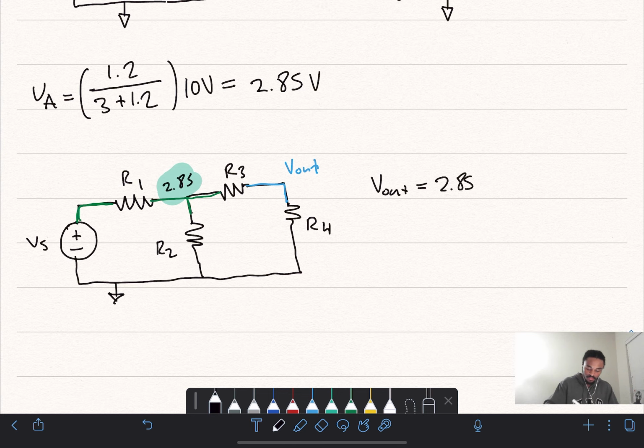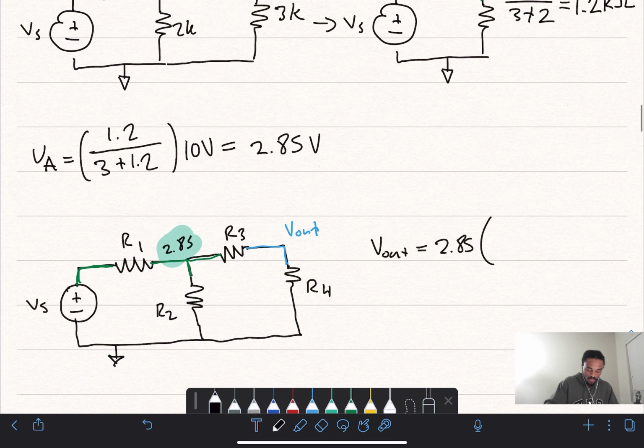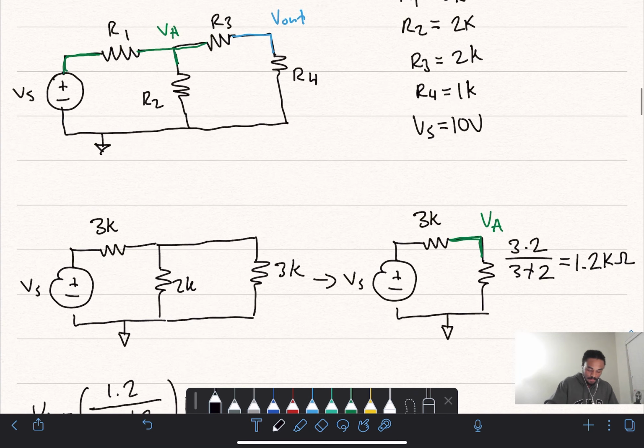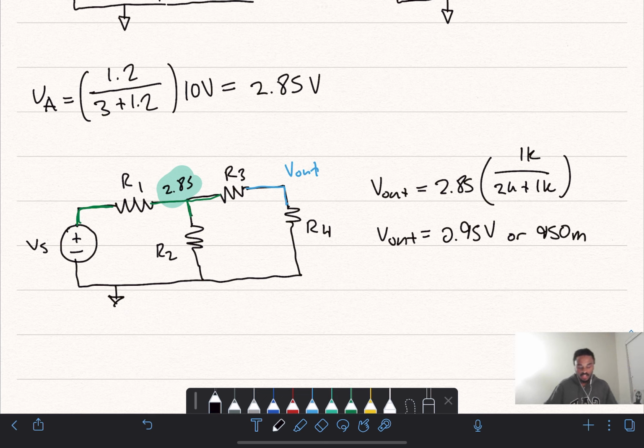R4 was 1 kilo ohm, R3 was 2, I believe. Yeah. 2K plus 1K. So that means our V out is 2.85 times 1 over 2 plus 1, which is 0.95 volts, or 950 millivolts, as our final answer for V out.